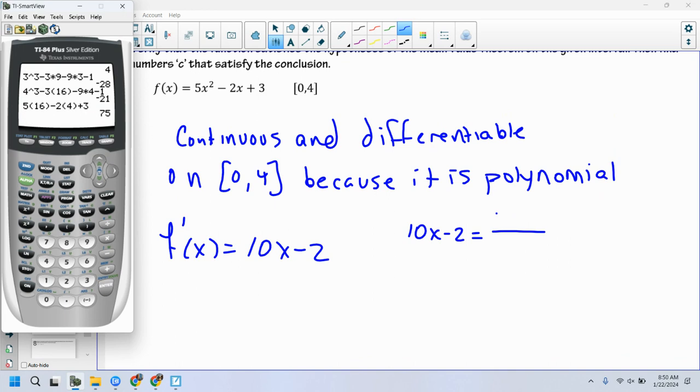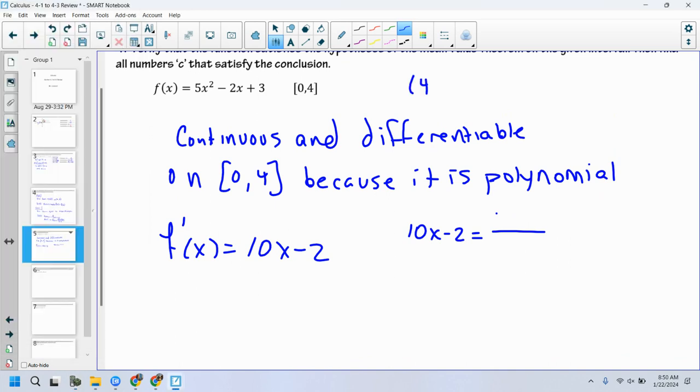So my right endpoint is (4, 75), right? My left endpoint is (0, 3).